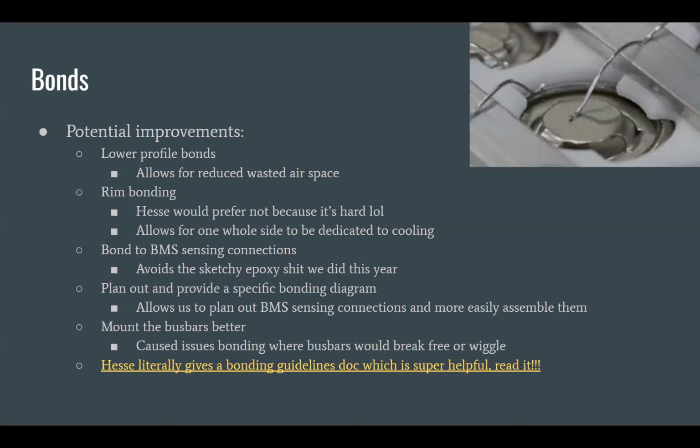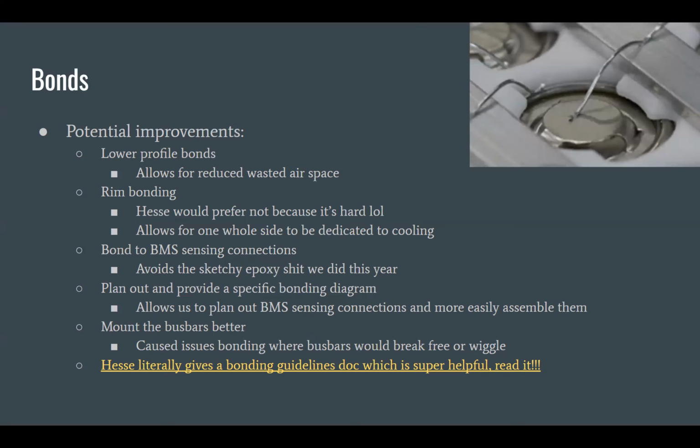And then just like they can bond a cell to a bus bar, they can also bond a bus bar to a PCB. And so instead of having to do all this sketchy epoxy stuff, we can just have it get bonded and assembled for us immediately, which would be quite nice, way easier, and it's definitely something I'd recommend, assuming y'all choose to actually move forward with doing PCBs next year for the testing.